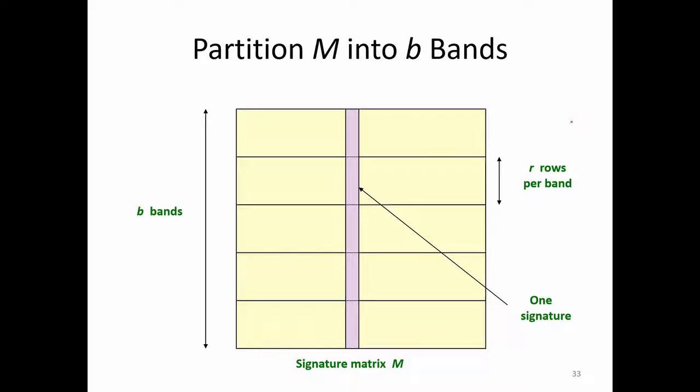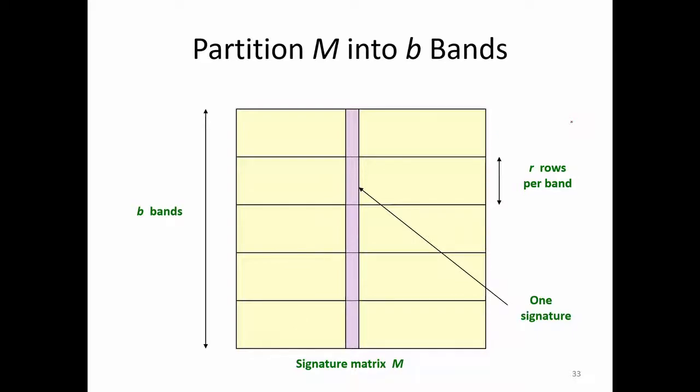The way this is done in locality sensitive hashing is that you take the min hash signature matrix. Remember the rows are now the bucket IDs, and the columns are documents as usual. Now you do what is called the banding trick. So what is the banding trick?